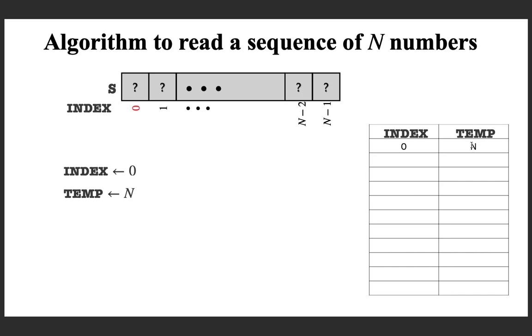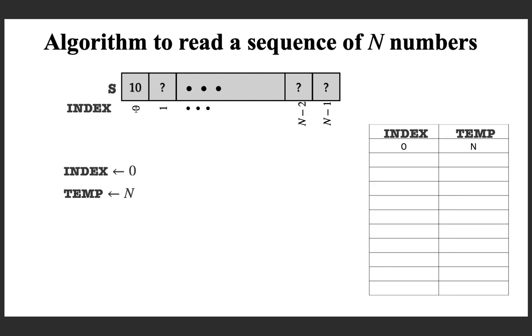Temp is actually n, and you need not go for temp, but if you want to know how many numbers you read later, you have to remember the original value of n, and that is why you need to copy it into temp. So initialize the index to 0, and you have the number of numbers as n, and that is also available as temp. So what you do first, read the first number, suppose it is 10, and store it at index 0. So the first index is filled.